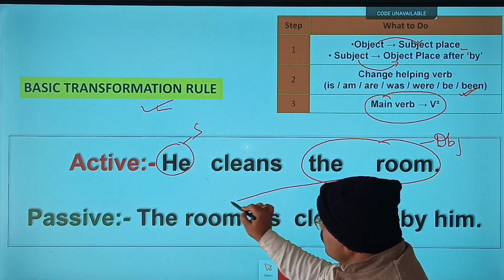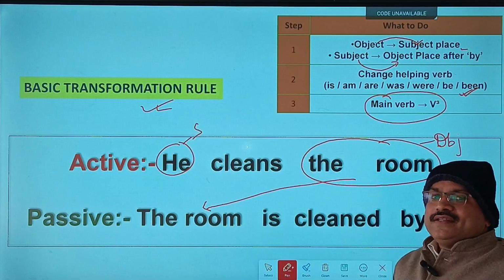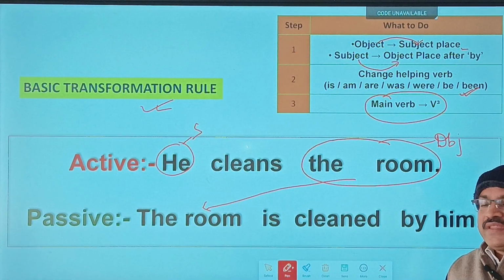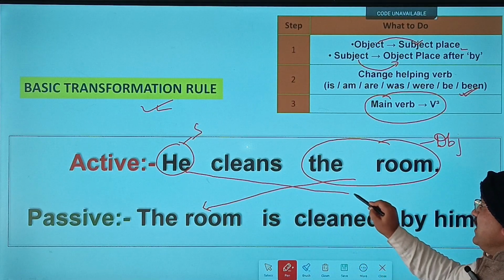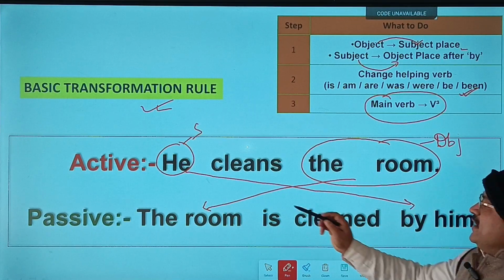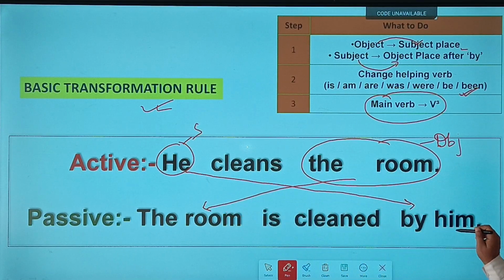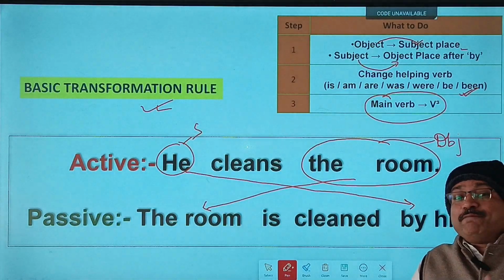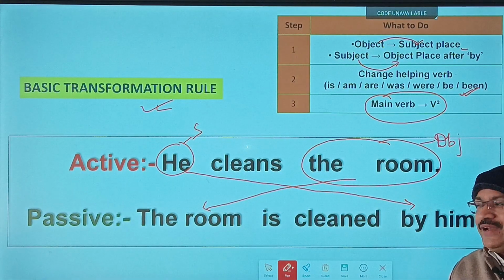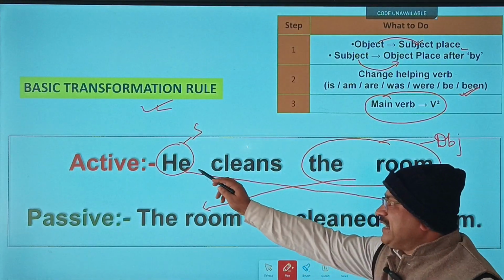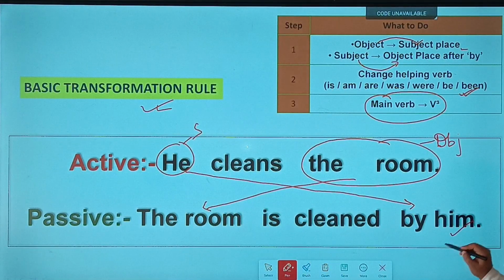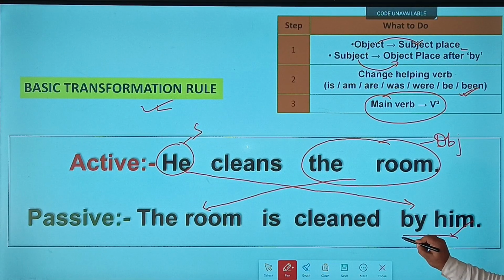Now the object, the room, is coming at the subject's place. And the subject coming at object's place. Now he comes at object's place, taking the place of object. So naturally he will change itself into objective form. So the objective form of he is him, and it will be with by.